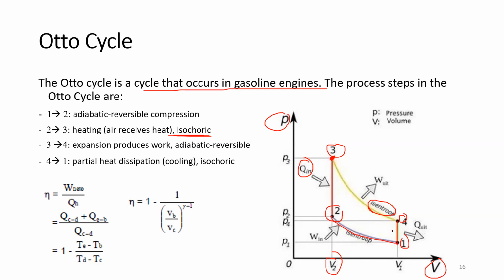Then the exhaust phase occurs when the remaining mixture in the chamber is compressed by the piston to be exhausted, without changing the pressure. Okay, so these are the steps in the Otto cycle.